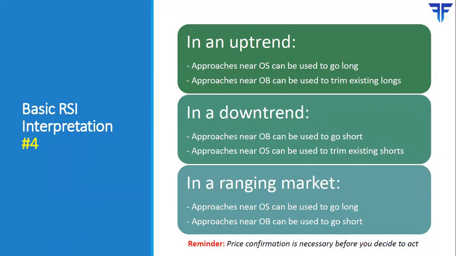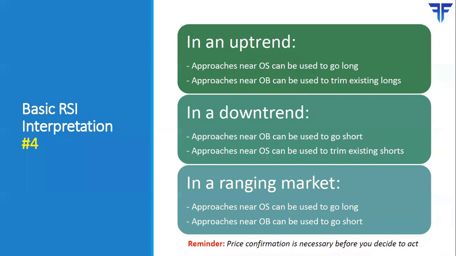And whenever within an uptrend the RSI touches the overbought region, you can use it to trim existing longs if there is a confirmation from price. Again, the key is that there has to be confirmation from price before you decide to either enter a trade or before you decide to exit your trade. That price confirmation is an absolute must.